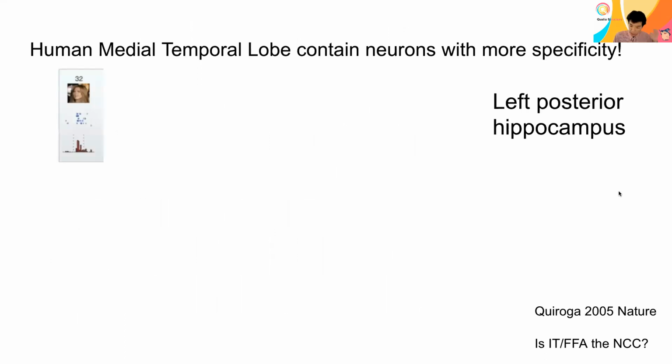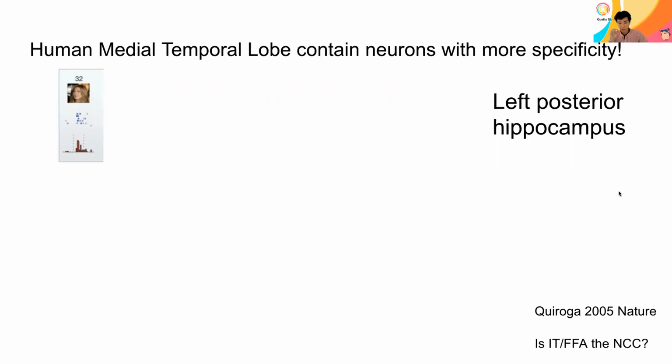And something similar has also been reported in human patients. These are epilepsy patients who cannot be treated with drugs. To minimize the epilepsy seizures, the source needs to be surgically removed with a very minimal excision of the brain parts. To minimize the damage, they are implanted with lots of electrodes to identify the source of the epilepsy.